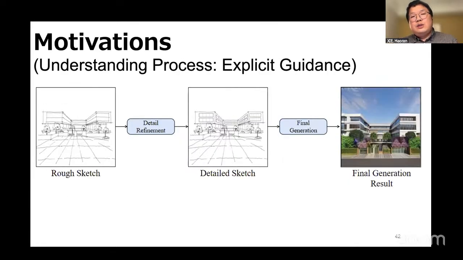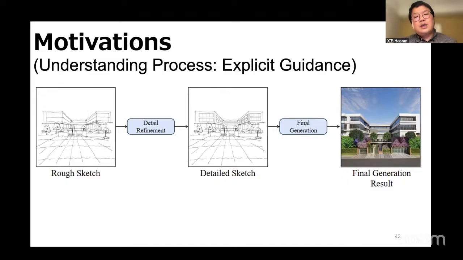As I explained before, we want to understand the design process. Our first observation is that we use implicit guidance: we first get rough details, then fine details.